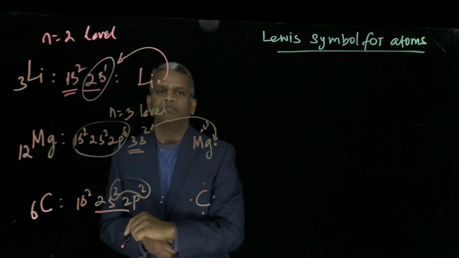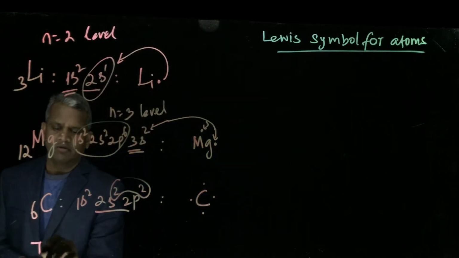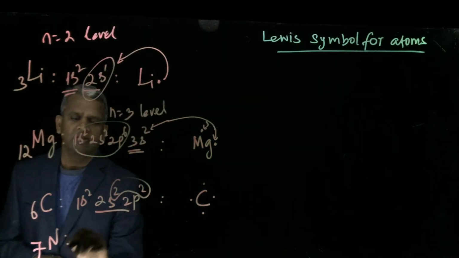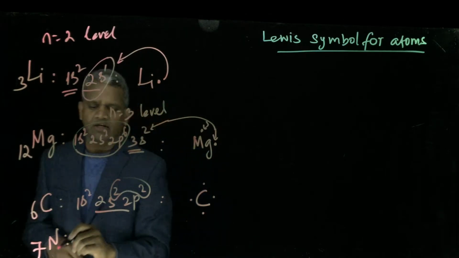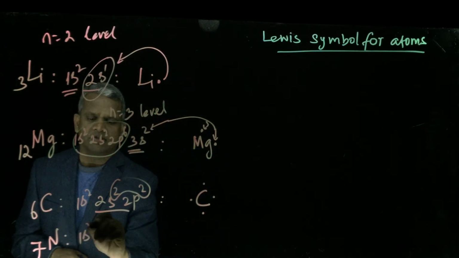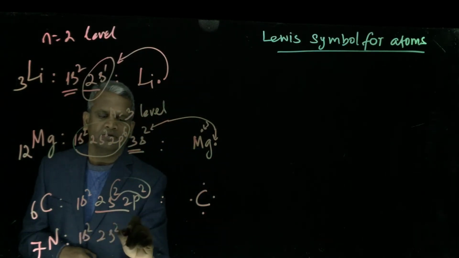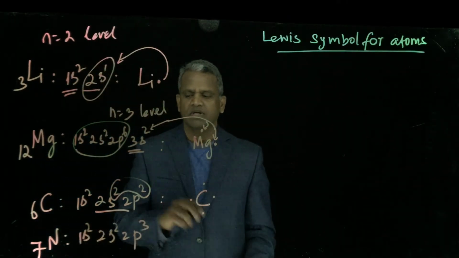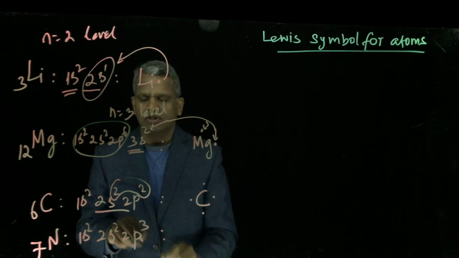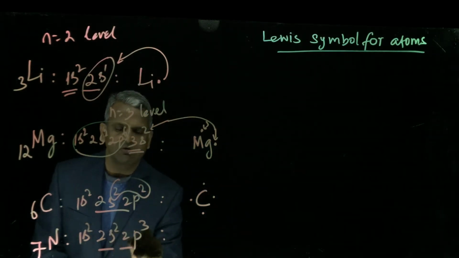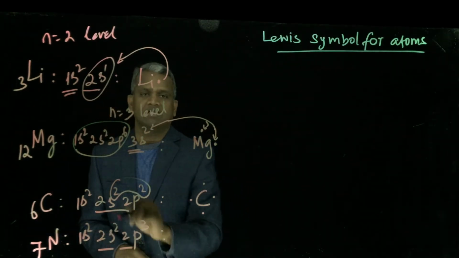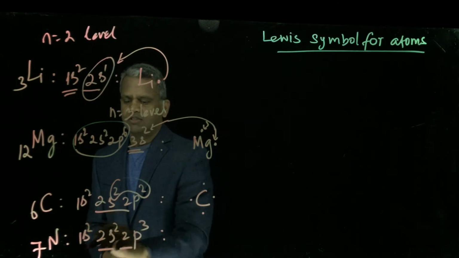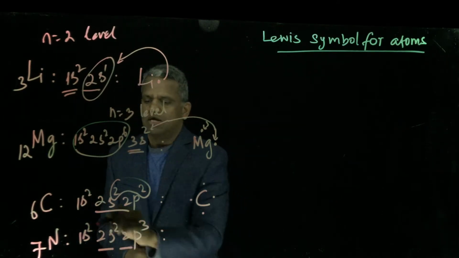That's for carbon. For nitrogen, you have 7 electrons in the shells of the atom. So you have 1s2, 2s2, 2p3. So 2 plus 2 plus 3, 7 electrons. Look at this: at the n equals 2 level, you have 5 electrons, and the 1s electrons are the inner or core electrons on the nitrogen.